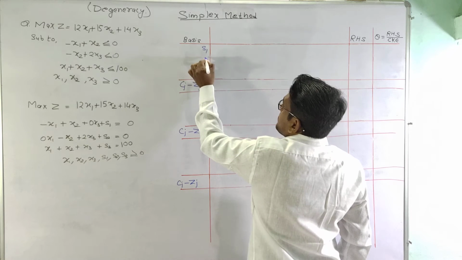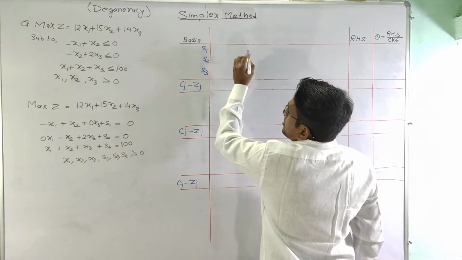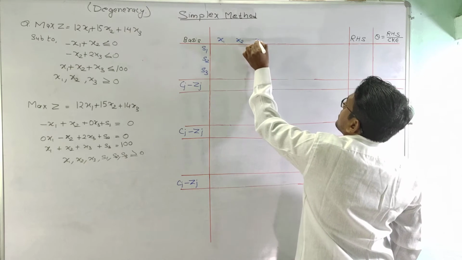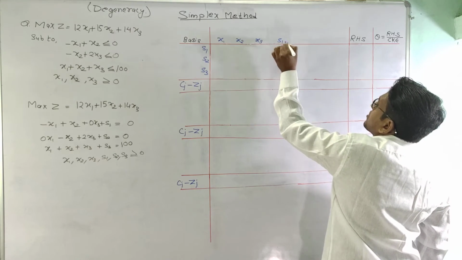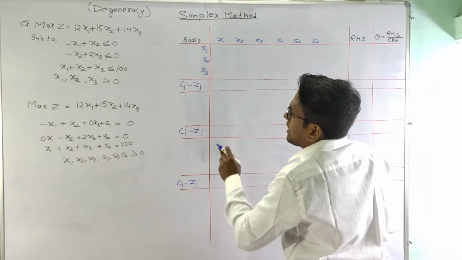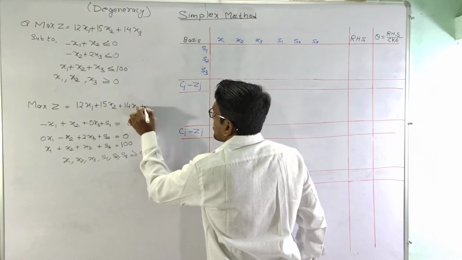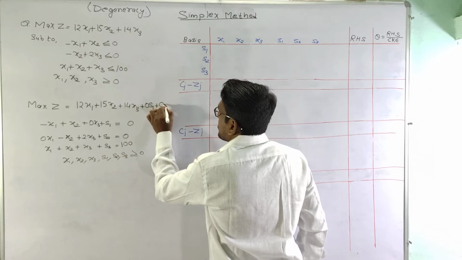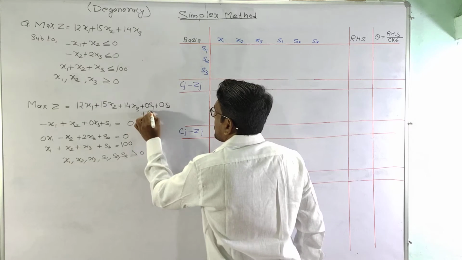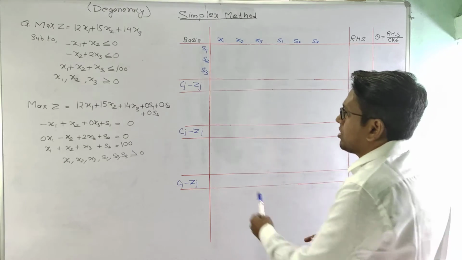So this is s1, this is s2, this is s3, and these are the objective function coefficients for x1, x2, x3, s1, s2, s3. The objective function coefficients also need to be written as plus 0s1 plus 0s2 plus 0s3, so that they will not affect our objective function.